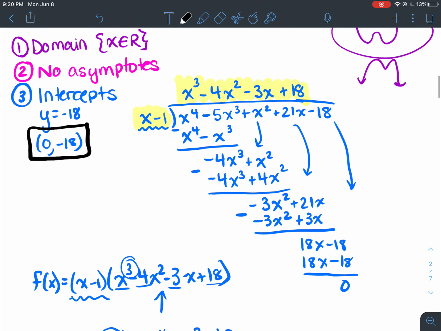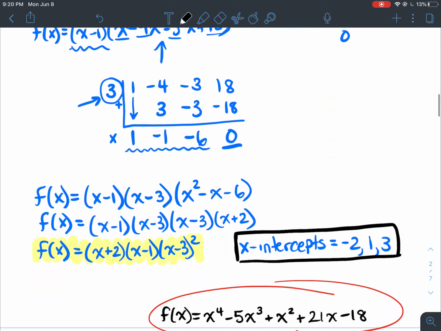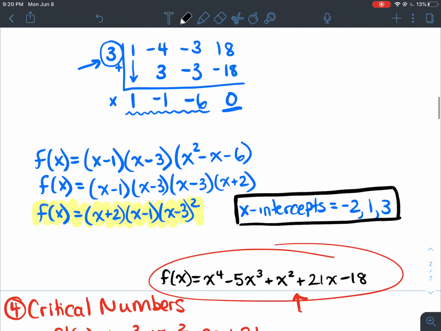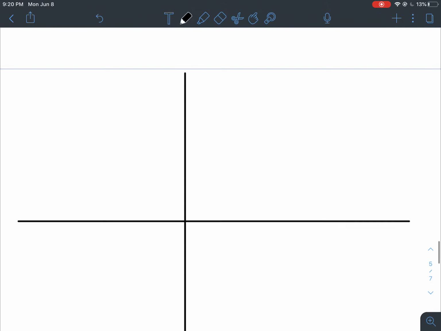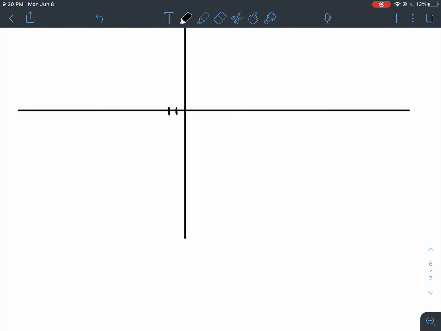For example, I know I have a y-intercept at negative 18, and I have x-intercepts at negative 2, 1, and 3. Negative 2, 1, and 3 are my x-intercepts. Let's just ballpark negative 18 as being down here somewhere for my y-intercept.